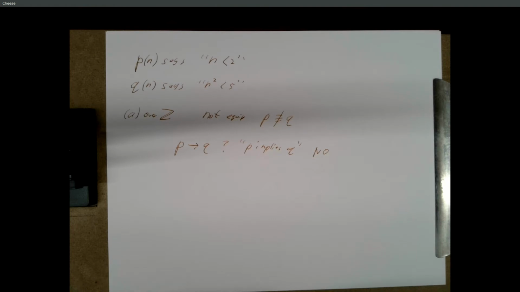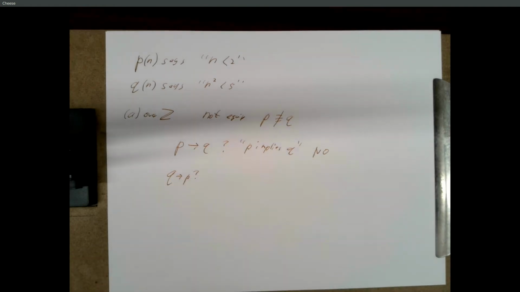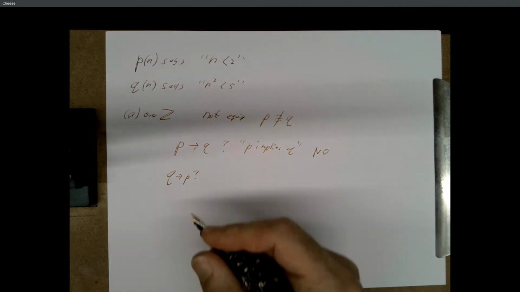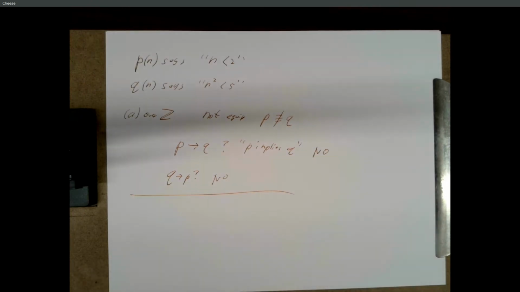So P does not imply Q. Does Q imply P? If n squared is less than 5, do we know that n is less than 2? What's a counterexample? 2. 2 squared is less than 5, but it's not less than 2. So that's also no. So yeah, they're not equivalent, and one does not imply the other.